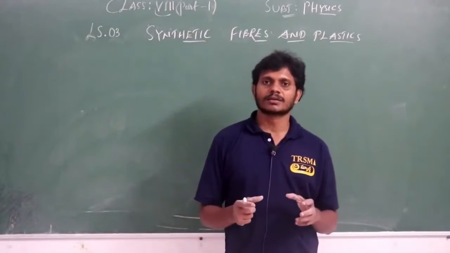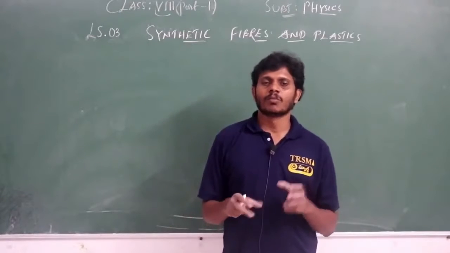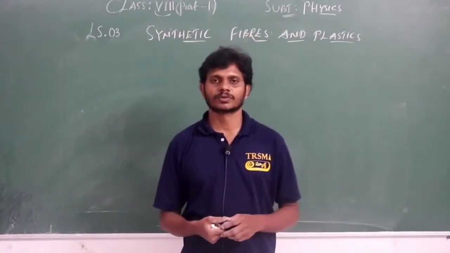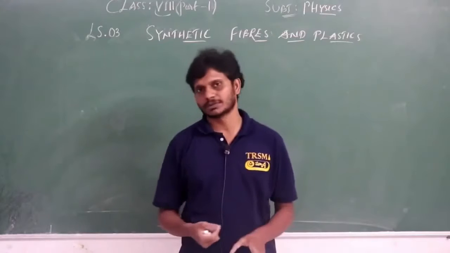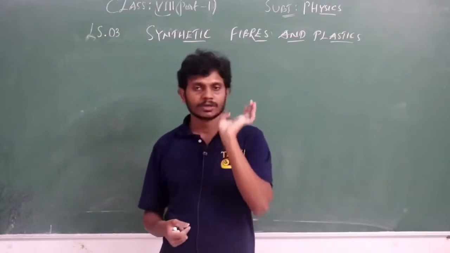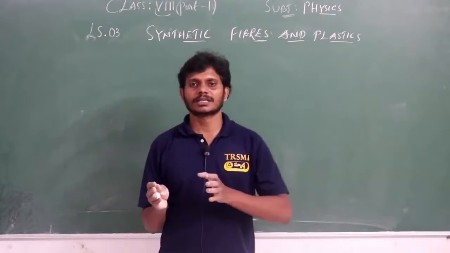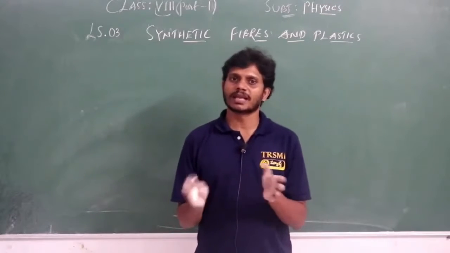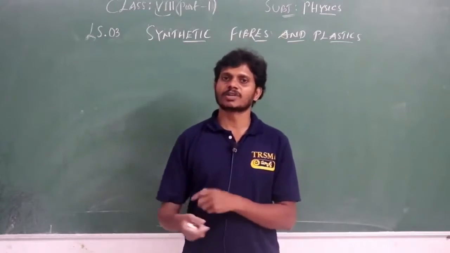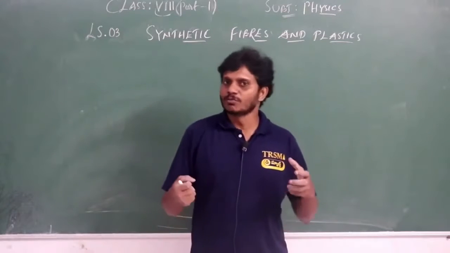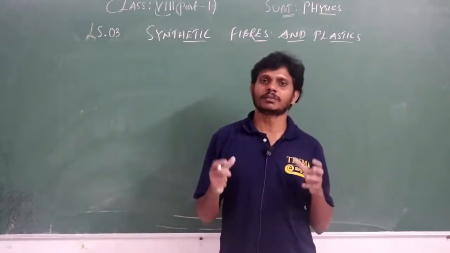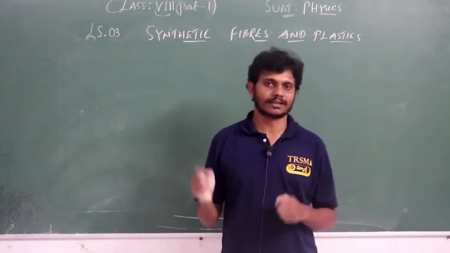And also we see many monomers. It's made up of polymer. What is a polymer? A polymer is nothing but many monomers combining with each other and forming a long chain or a giant molecule. Giant, G-I-A-N-T.